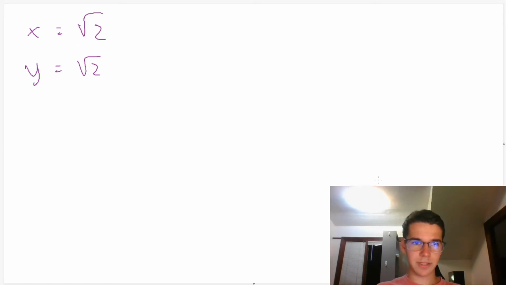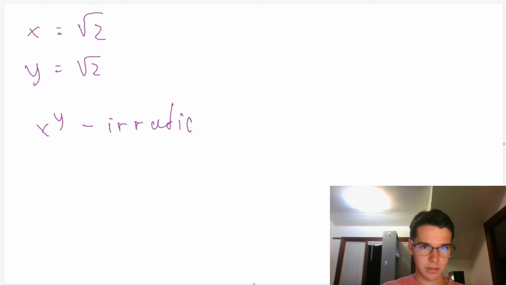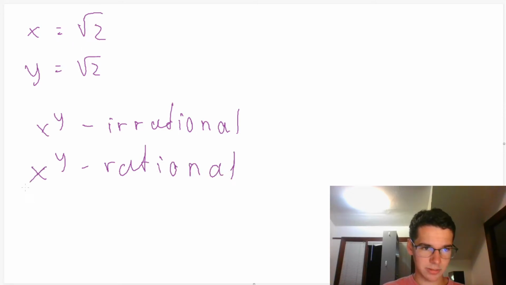So we're actually faced with two cases. We can say, well, maybe it's the case that x to the y is irrational, or maybe it's the case that x to the y is rational. If we say x to the y is rational, that has no substance, right?